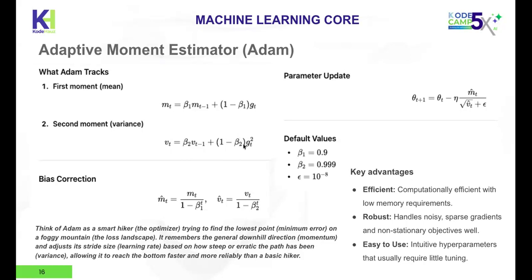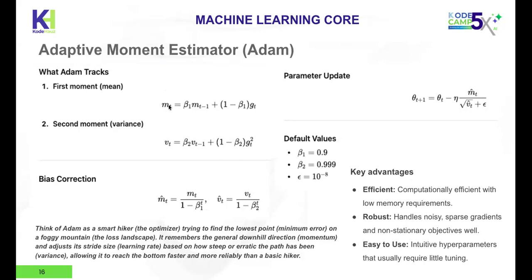1 minus beta 2. So beta 2 is now the scaling factor for the second moment, which is the variance, the part that does the adaptive learning rate. And so you get beta 2 times v_{t-1}. This is basically the equation for a running average or moving average. So this gives us two values.